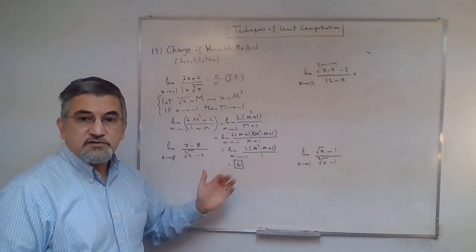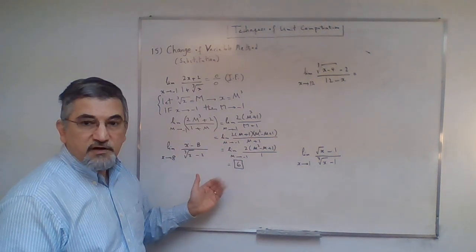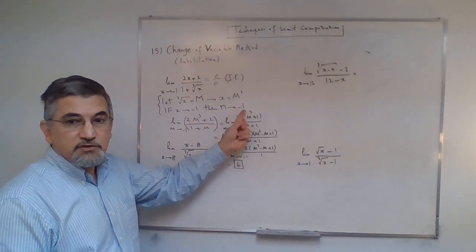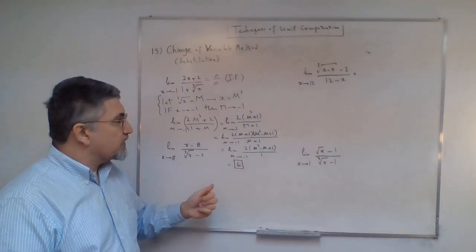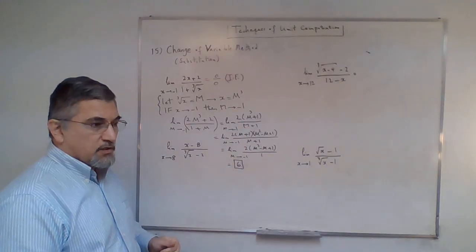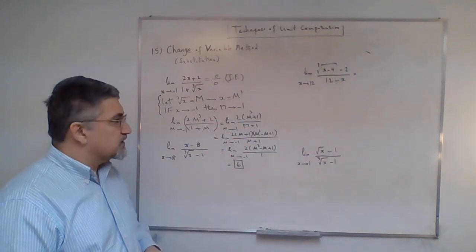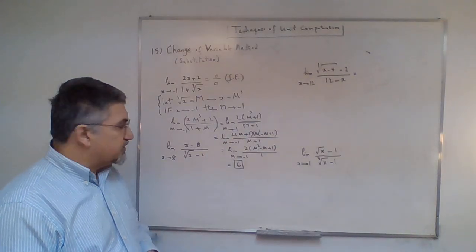And using the factoring technique, we can, of course, find the answer. You just have to know how to factor m cubed plus 1, which happens to be a sum of cubes. We should be familiar with the sum of cubes and difference of cubes identities, so that we can factor easily.